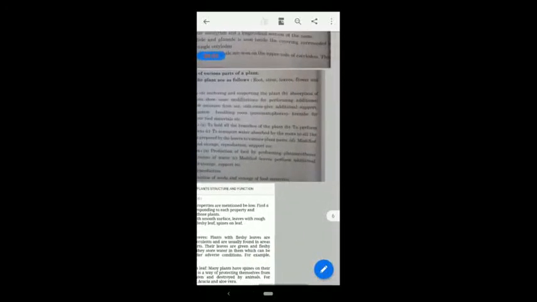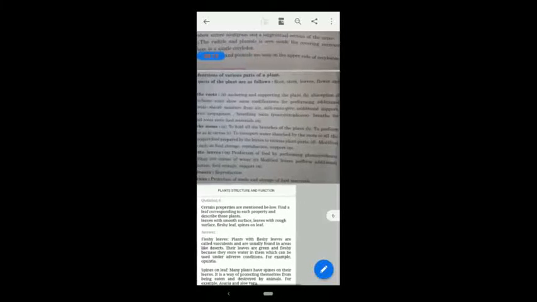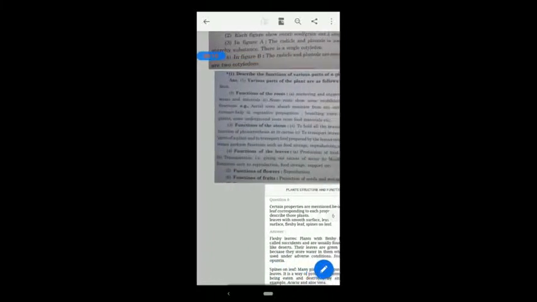So these are the functions of the stem. Modified stems perform functions such as food storage, reproduction and support, etc.